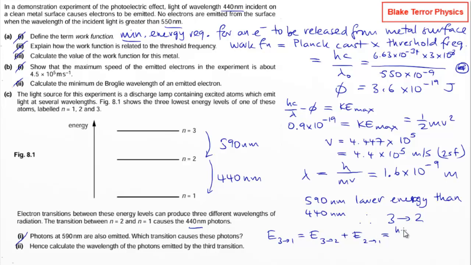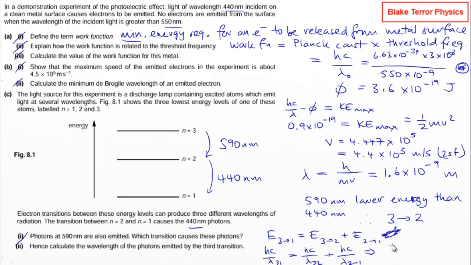We've got them all in wavelengths, so let's put it on a separate line. So hc over lambda for 3 to 1 is hc over lambda for 3 to 2 plus hc over lambda for 2 to 1. So all those hc's are going to cancel. So we're just doing 1 over the wavelengths.